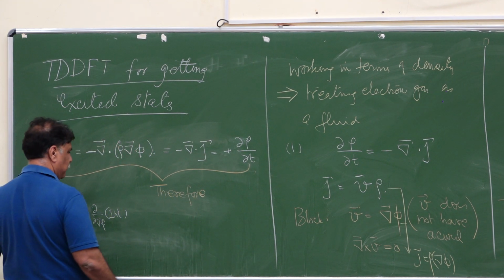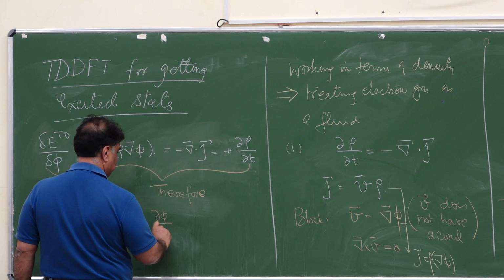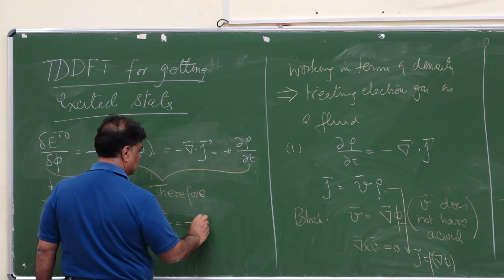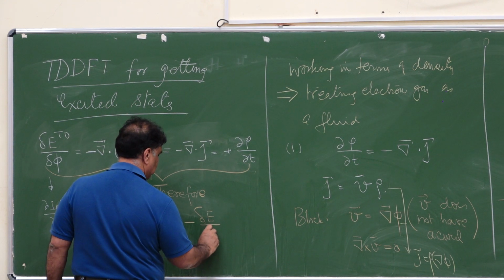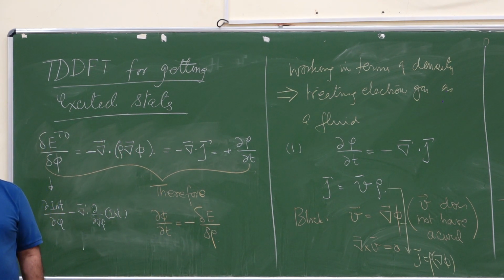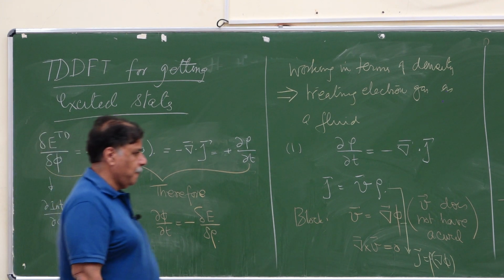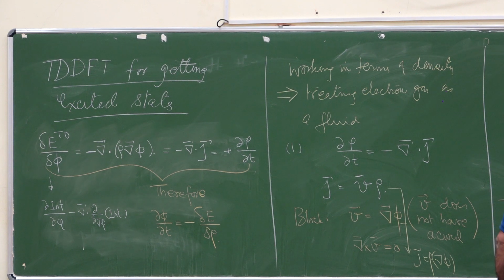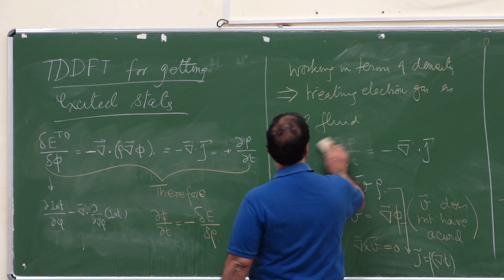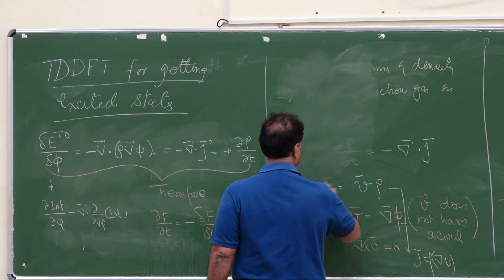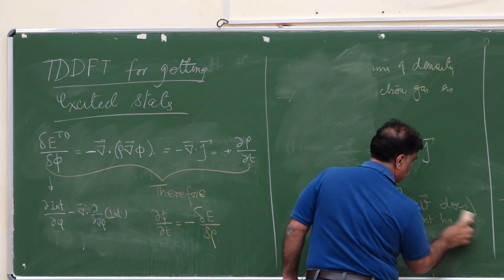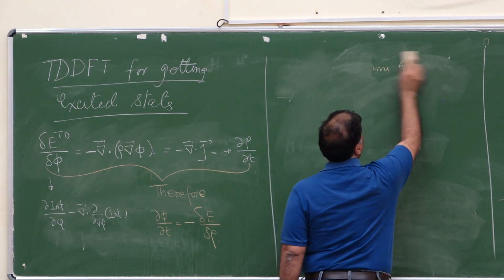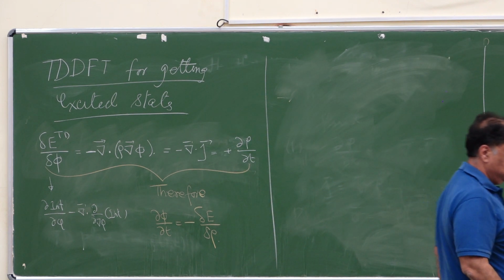And therefore, I'm going to have d phi dt equals minus delta E delta rho. That's the other equation. So then I'll know both phi and rho change, and I can solve my equation. So what do I get?